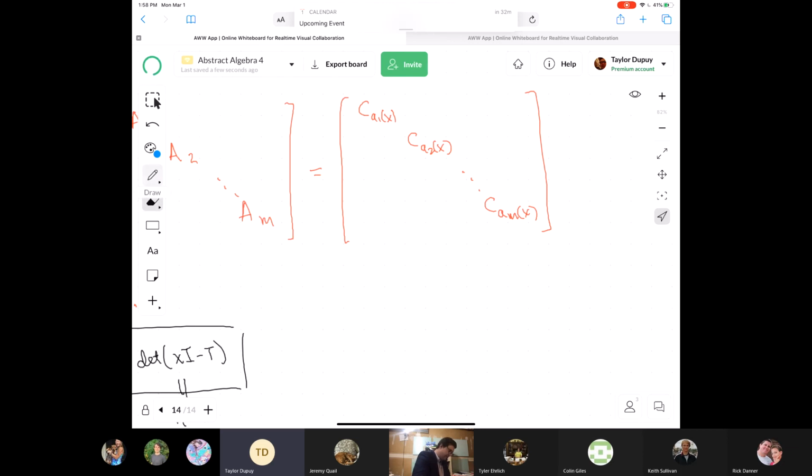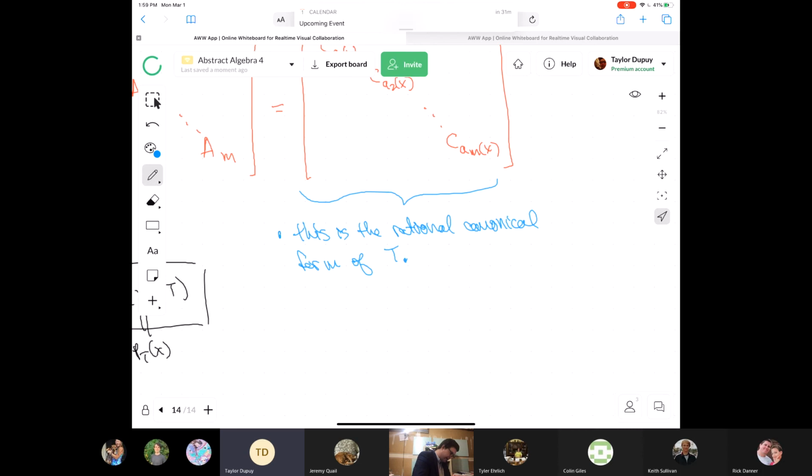So the matrix after a change of basis is the rational canonical form of the linear transformation T. These are the companion matrices. So this is block diagonal, and the blocks are companion matrices.